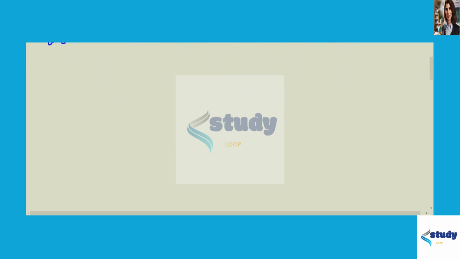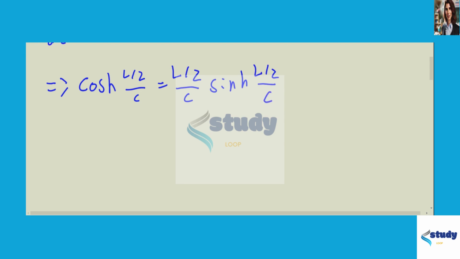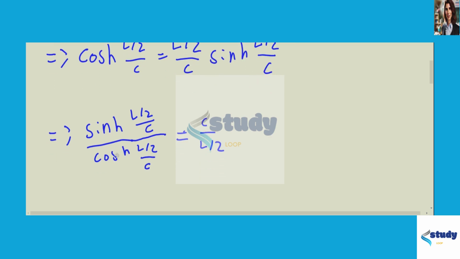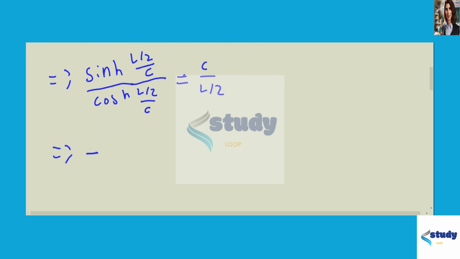So after setting it equal to 0, we can then rewrite it as the hyperbolic cosine of L over 2 divided by C, which is equal to L over 2 divided by C times the hyperbolic sine of L over 2 divided by C. And then further simplifying, we have this hyperbolic sine and hyperbolic cosine, which we can write as the hyperbolic tangent.